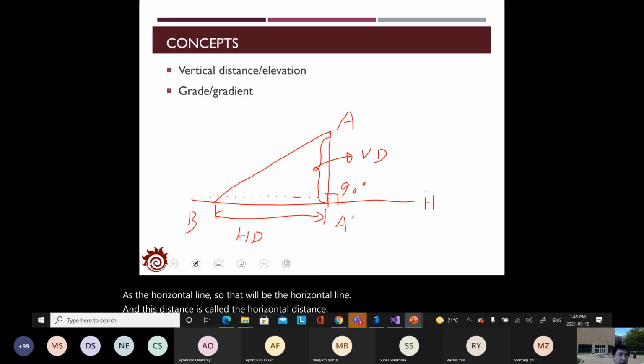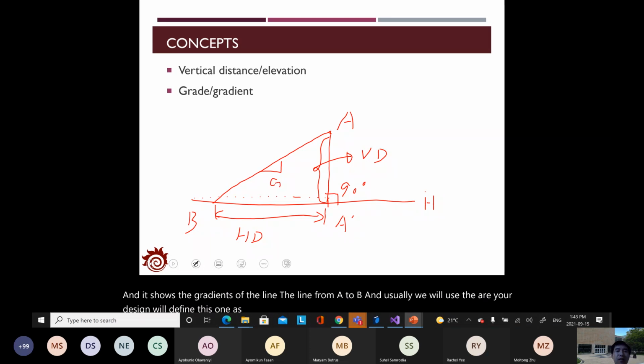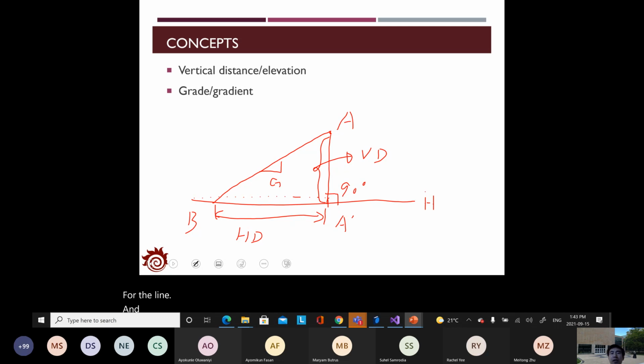We also have another concept, which is called the grade. It shows the gradient of the line from A to B. The grade could be measured with the angle here, say theta.